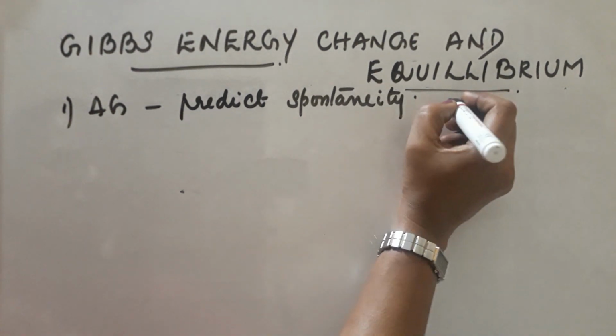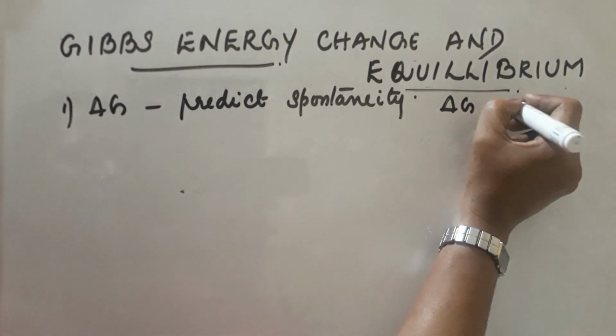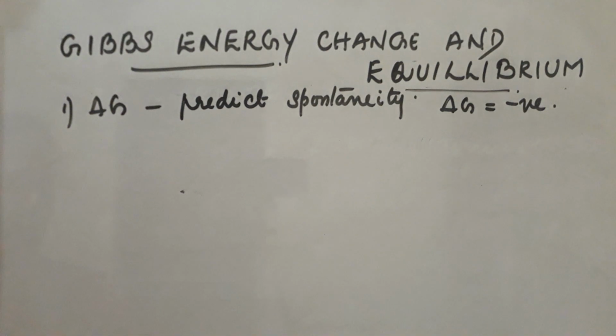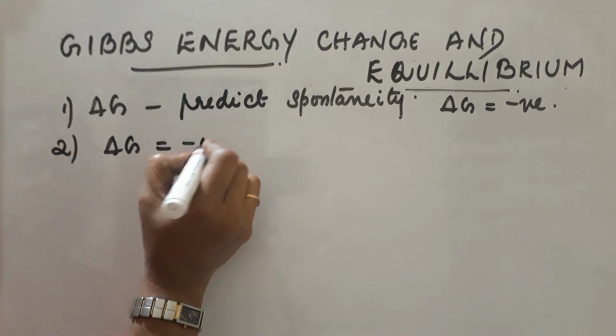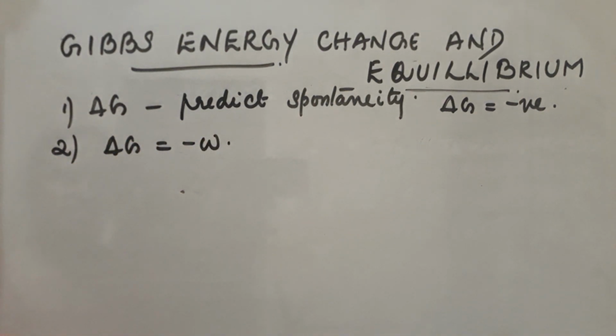If delta G is negative, it is spontaneous, and if it is positive, it is non-spontaneous. Next point: delta G is useful work, that is, delta G is equal to minus W. So delta G is the useful work done.